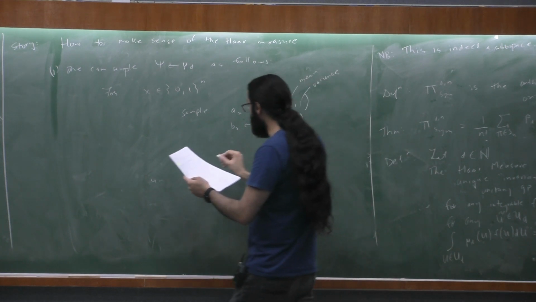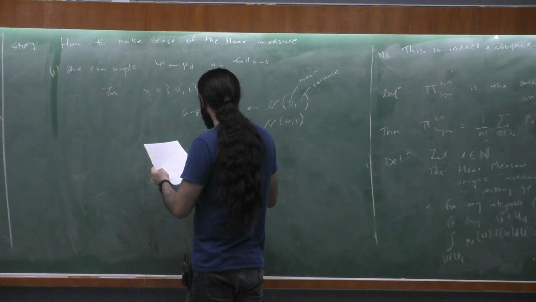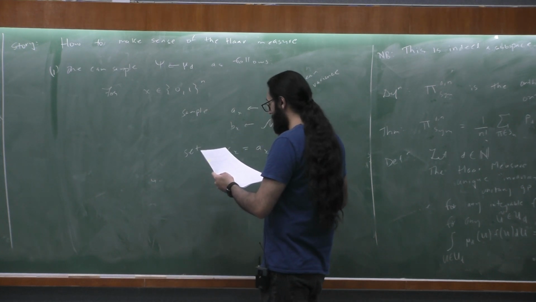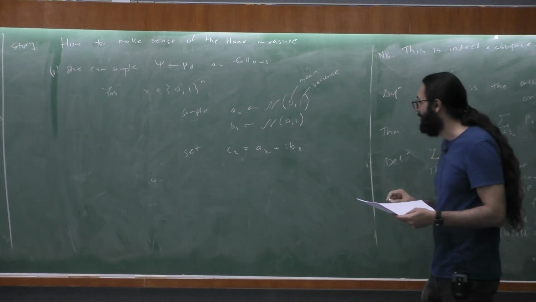Okay, and then you set C sub x as a_x plus i b_x. So it's a complex number.